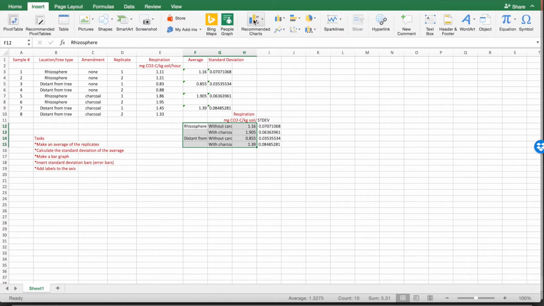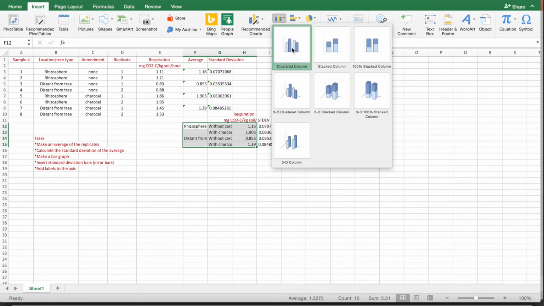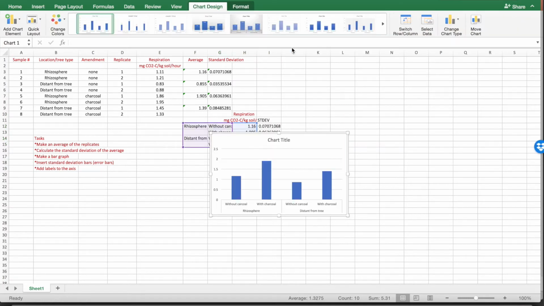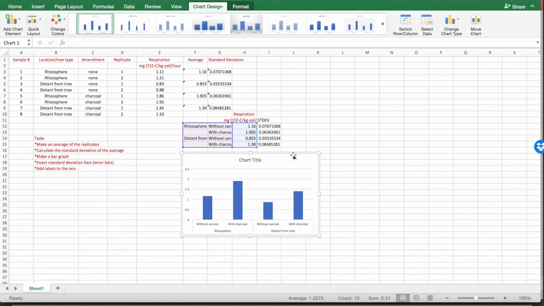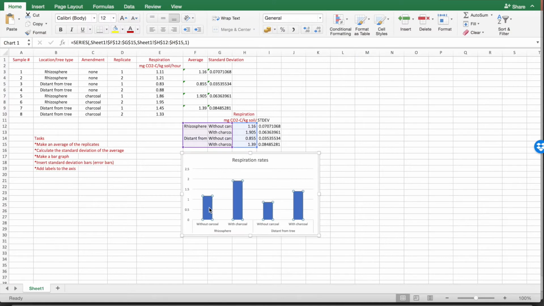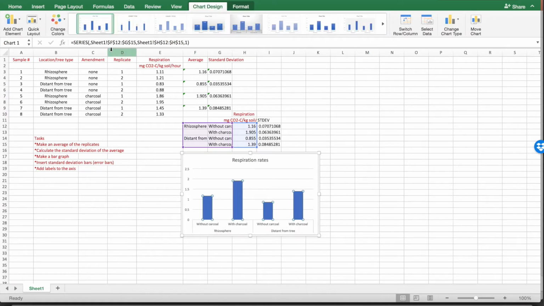So you go on Insert and choose your bar graph, and voila, here is the bar graph for that selected data, and I can change the chart title and add respiration rates. All right, so we write a title for the plot, for the chart, and now we're gonna add the error bars, the standard deviation bars to our graph.